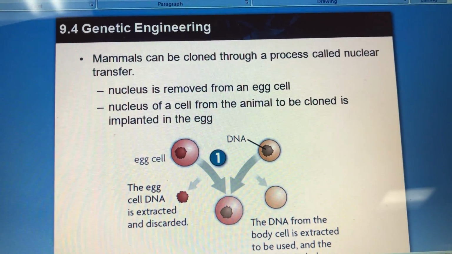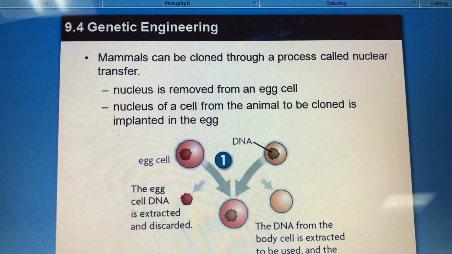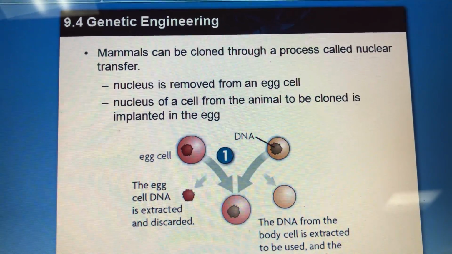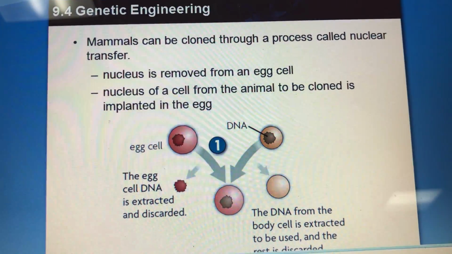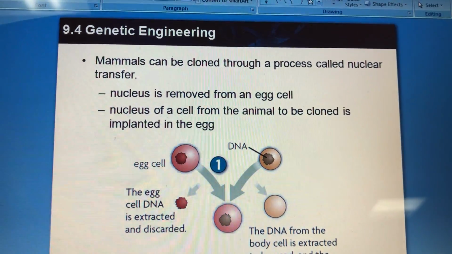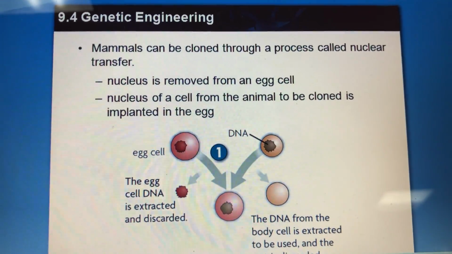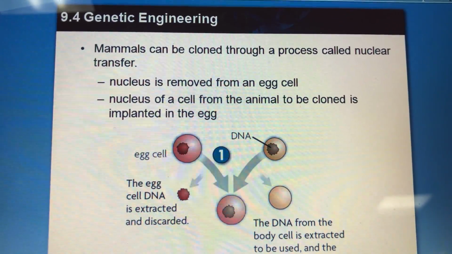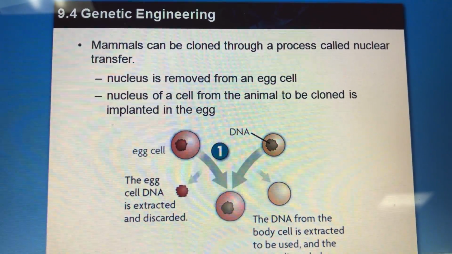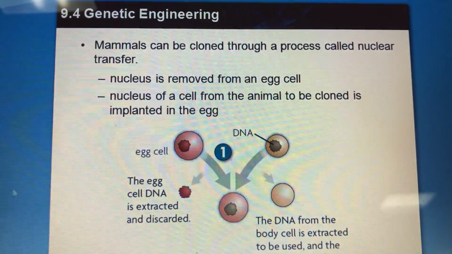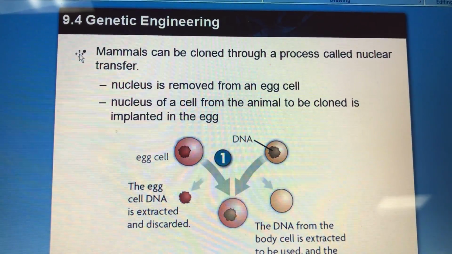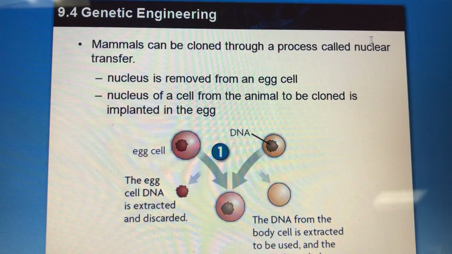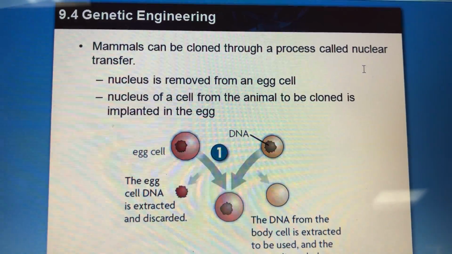But mammals can be cloned through a process called nuclear transfer. They cannot be cloned naturally because mammals reproduce by sexual reproduction. From the name of this process, nuclear transfer, that means they transfer a nucleus from one cell to another, okay?